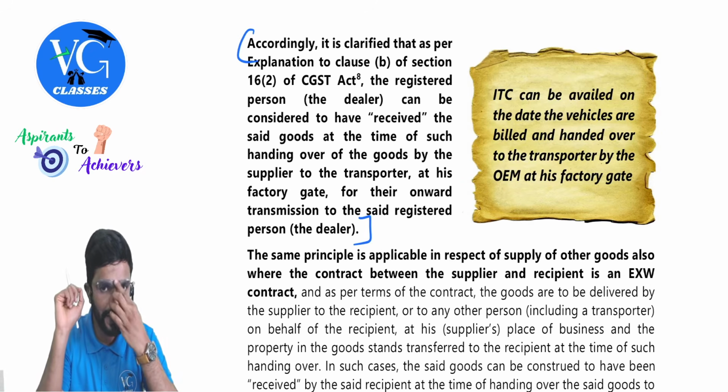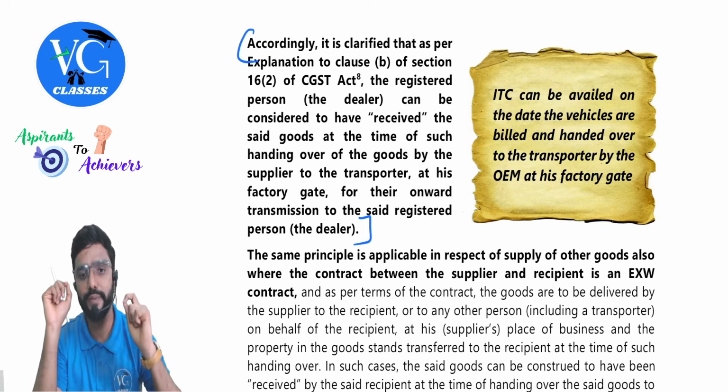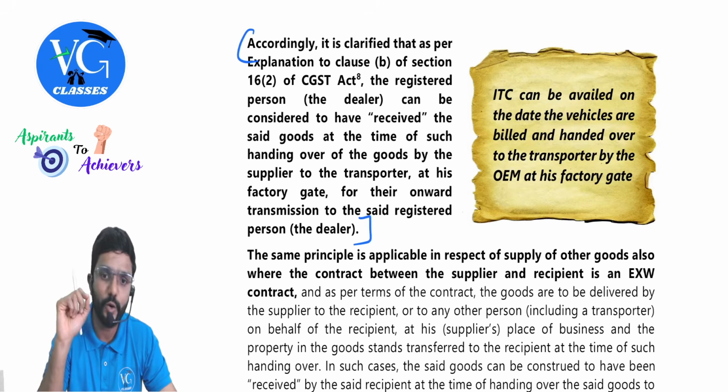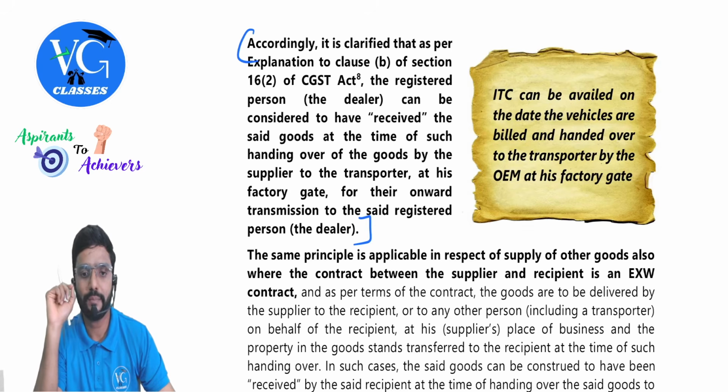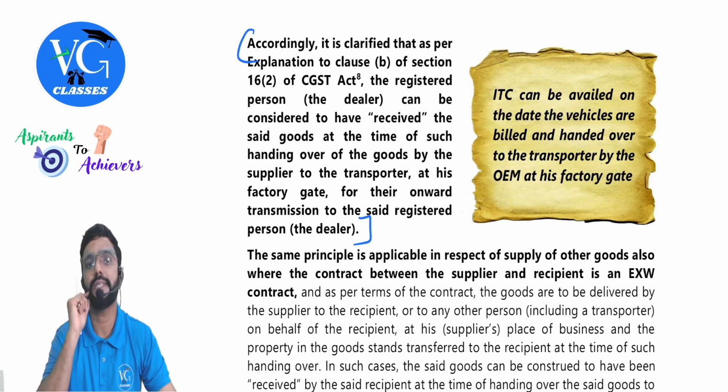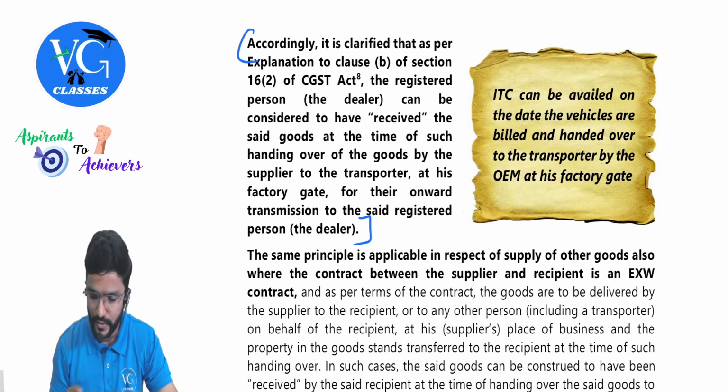Accordingly, it is clarified that as per the explanation to clause (b) of section 16(2) of the CGST Act, the registered person, the dealer, can be considered to have received the said goods at the time of such handing over of the goods by the supplier to the transporter at his factory gate for their onward transmission to the said registered person, that is the dealer. Hope you understood.